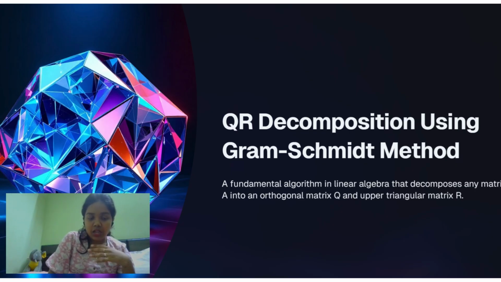So in this slide, I'm going to be talking about QR decomposition using Gram-Schmidt method. This is a fundamental algorithm in linear algebra that helps us decompose any given matrix, usually denoted as A, into two special matrices: an orthogonal matrix Q and an upper triangular matrix R. QR decomposition is widely used in numerical analysis, optimization, and solving systems of linear equations.